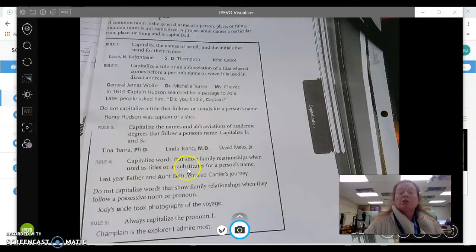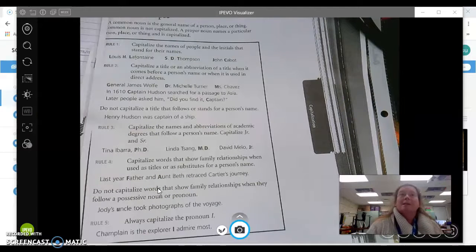Rule number 4 shows family relationships, when used in titles or as substitutes for a person's name. So when you are talking about someone, if you say, my father went to the ski resort, then you wouldn't capitalize father. But if you talk to him, if that is how you address your father, if you say father went to the ski resort, then you would capitalize it.